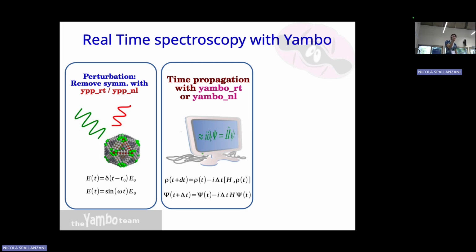In the Yambo code, we have two versions of real-time propagation, called yambo_rt and yambo_nl, and they propagate two different equations. Yambo_rt propagates an equation of motion for the density matrix, while yambo_nl propagates an equation of motion for the wave functions.